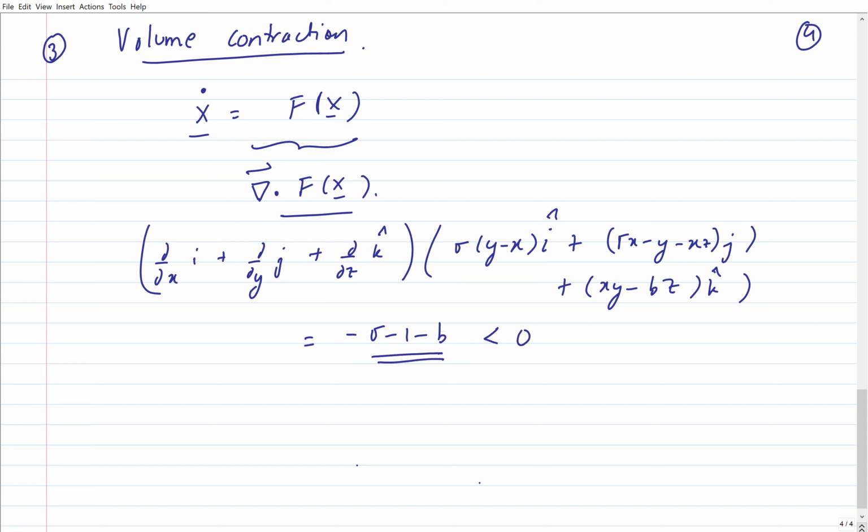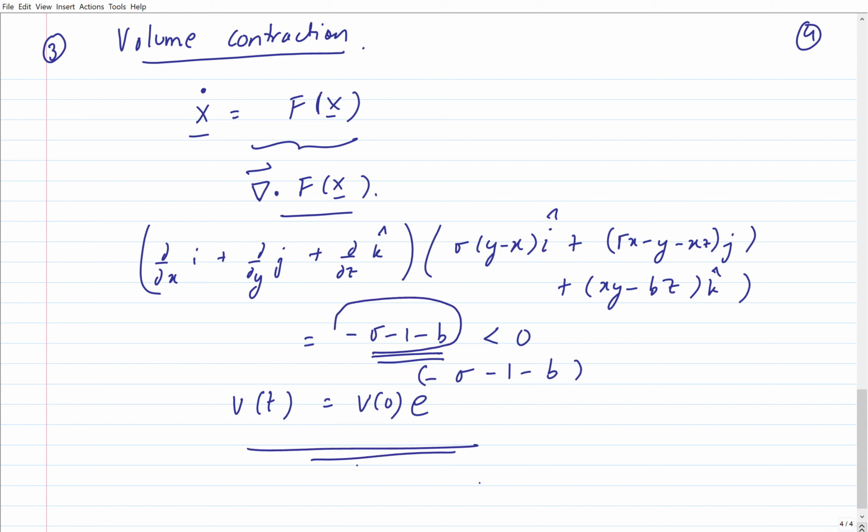Remember, sigma, b, r all were positive. So we can relate that to, remember, the exponent of the rate of shrinkage of the volume, and essentially the volume shrinks exponentially fast.